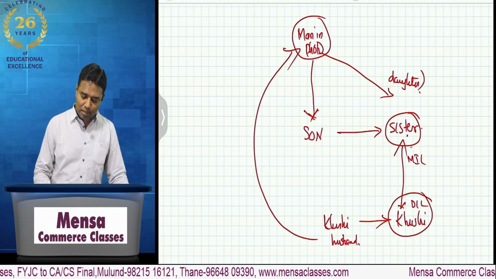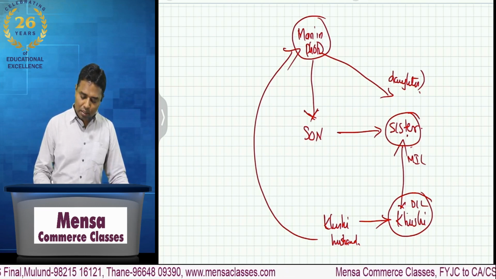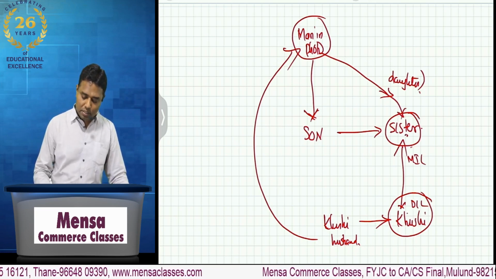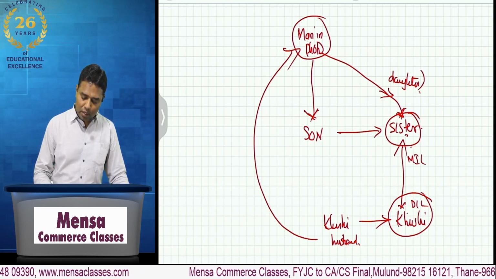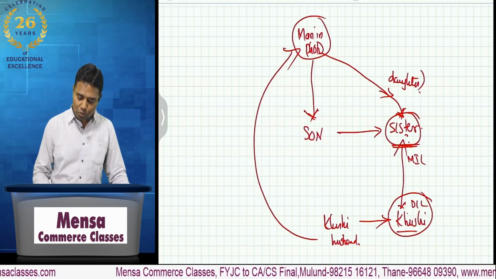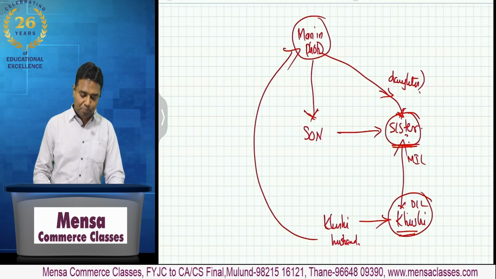So very obviously, the connection here will be, he will say, this is my daughter, and the daughter's daughter-in-law is here. That person will be the mother-in-law of Khushi. Correct? So what will be the connection here?